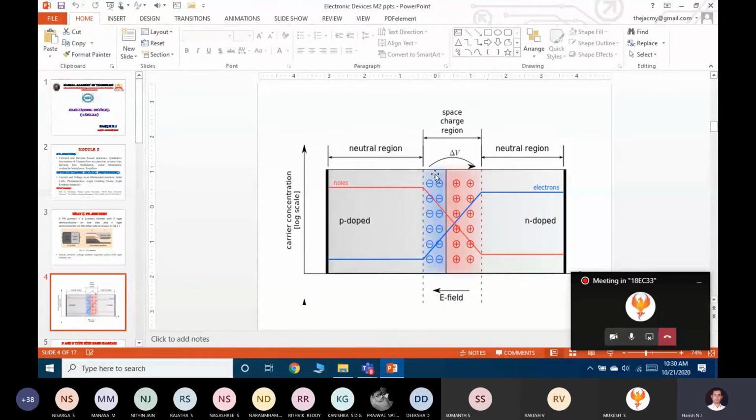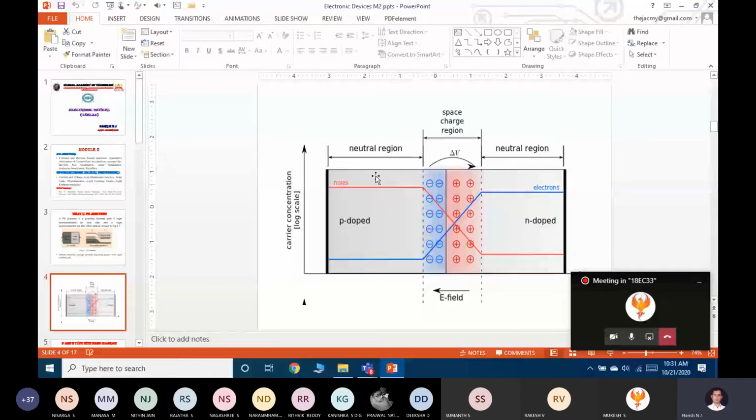So now after this phenomenon, can you tell me in the P side at the junction what type of charge carriers are there? Electrons. Correct. And in the N side what type of charge carriers are there? The holes. Correct. So these holes and these electrons will oppose the further diffusion of electrons from N side to P side and further diffusion of holes from P type to N type.